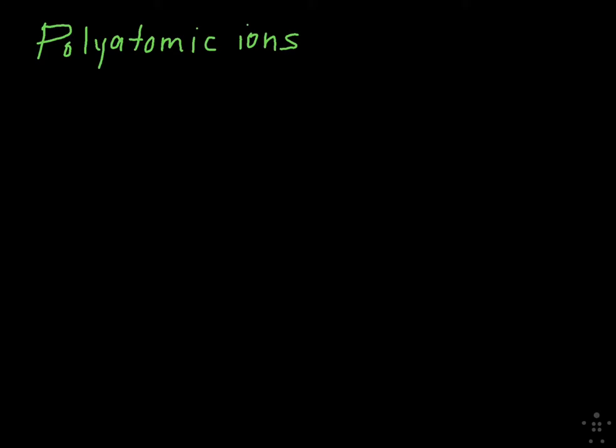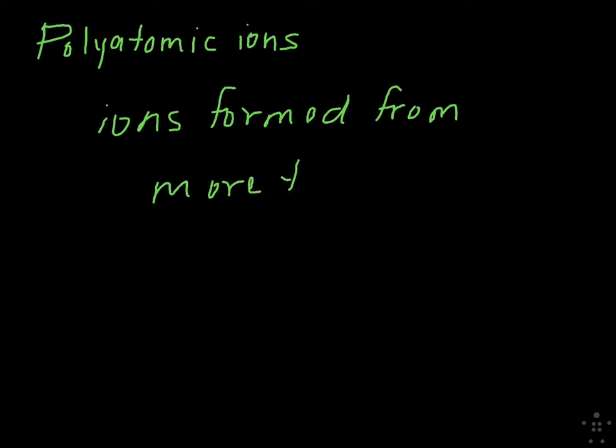The new stuff that we're going to talk about in this video are polyatomic ions. Okay, poly means more than one or many. So polyatomic ions are ions formed from more than one atom.